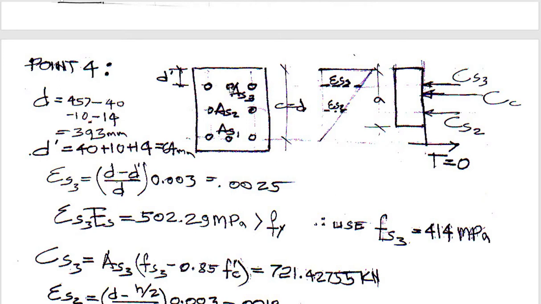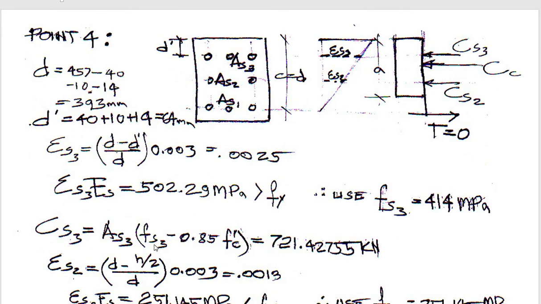Hindi pwede nating gamitin ang yield stress. So, dapat Fs3 is equal to 414. Yan yung Fy. Hindi ka pwedeng lumampas ng Fy. Next. So, gagamitin natin ngayon 414 dito sa Fs3.